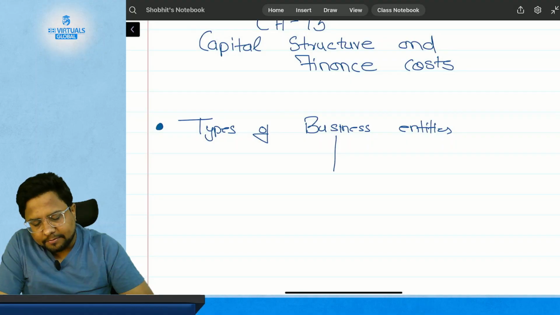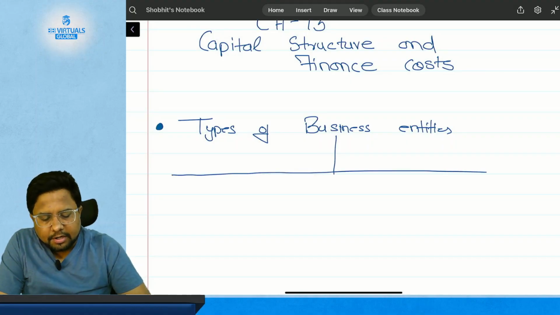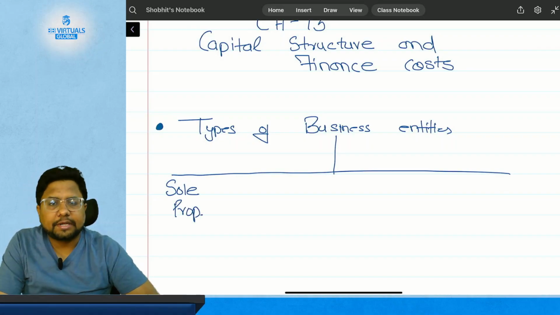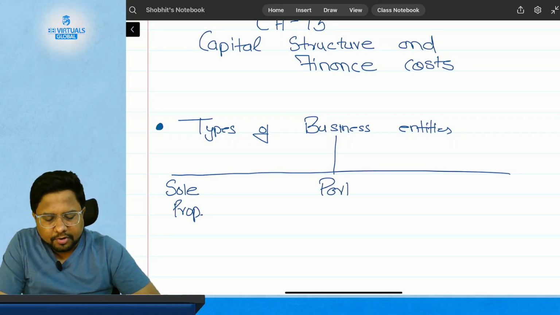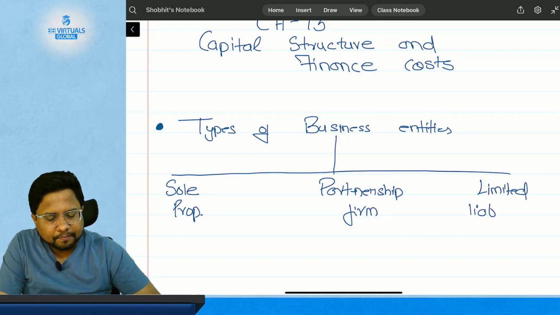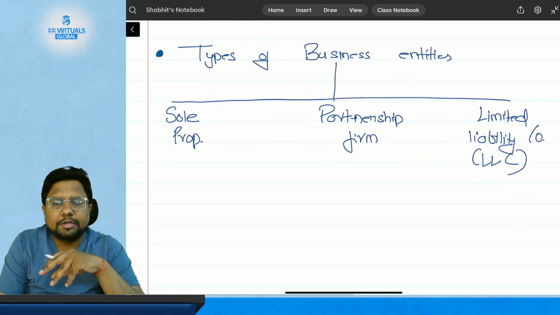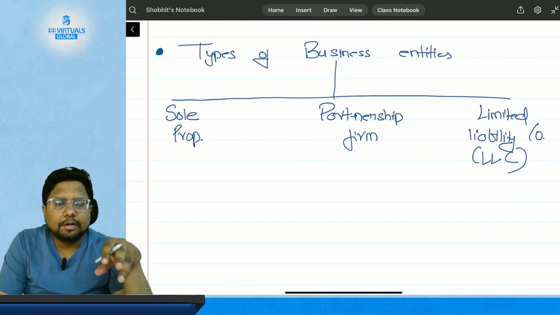There are three types: sole proprietorship, then the second one was partnership firm, and the last one was the limited liability company, which is also known as LLC.